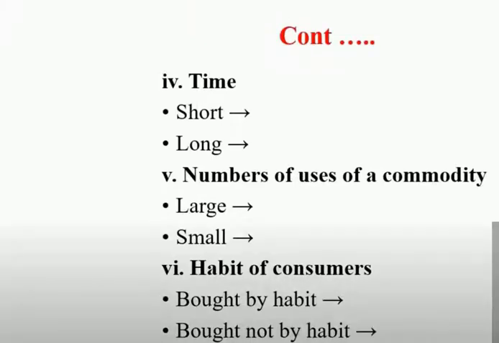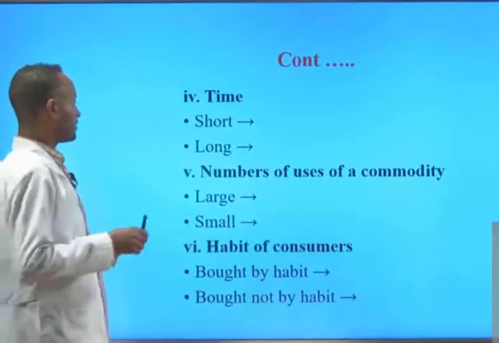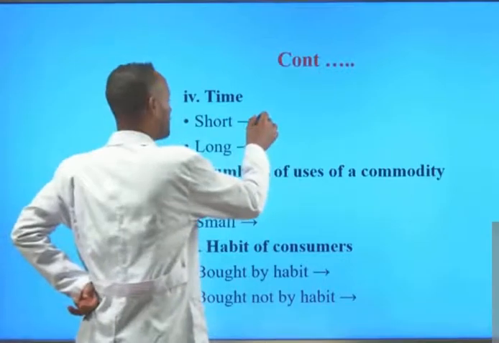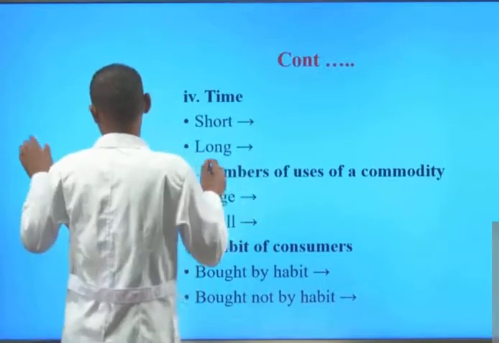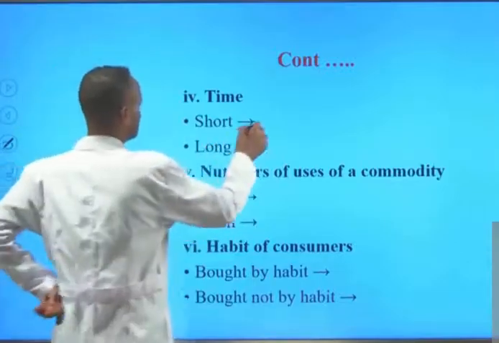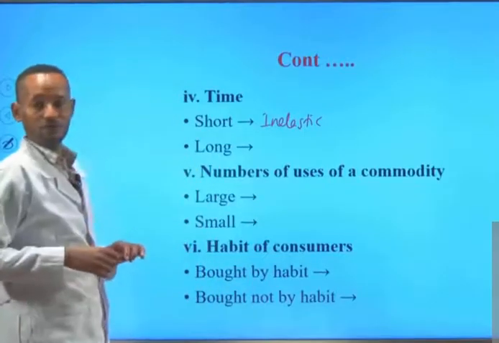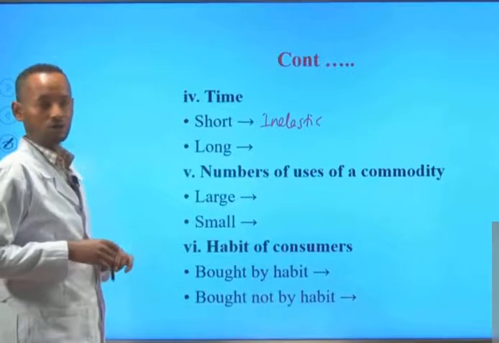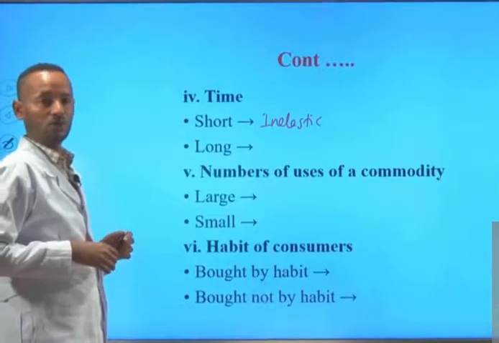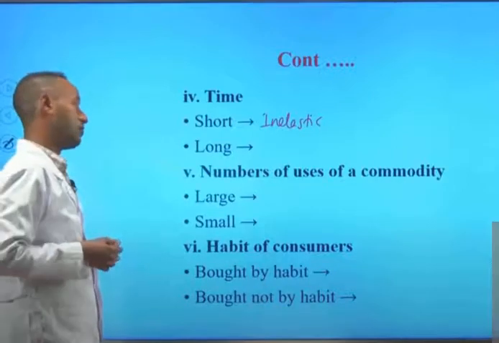Another determinant of the price elasticity of demand is time. In a short period of time, demand for a good tends to be more inelastic. Because we don't have a choice in the short period of time, since we cannot adjust or postpone our consumption, we will be careless about changes in the price of a commodity.